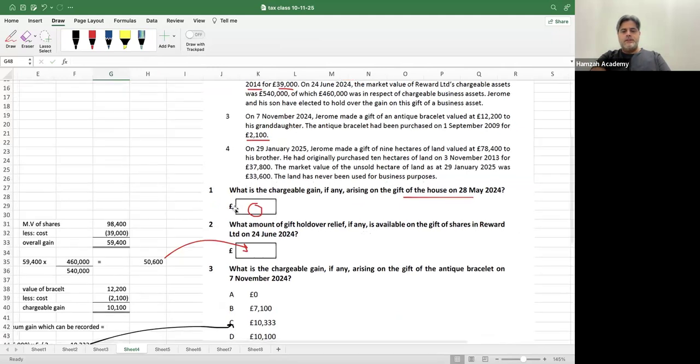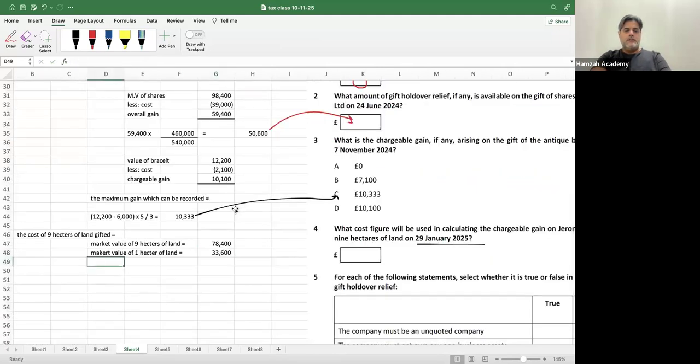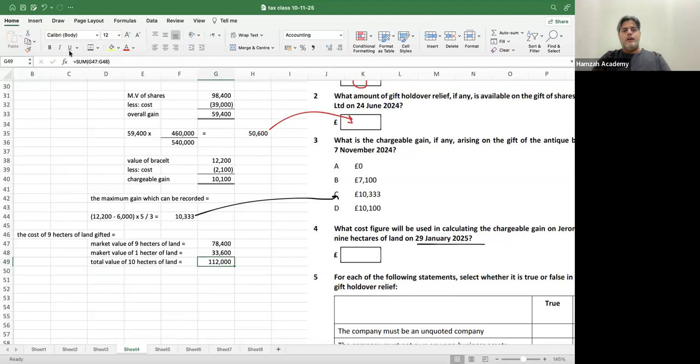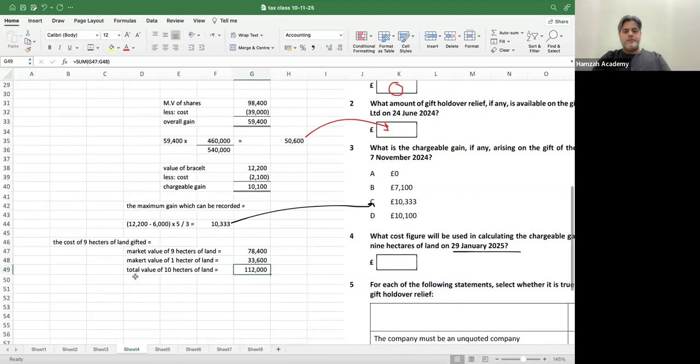The total value of 10 hectares of land is now 112,000.